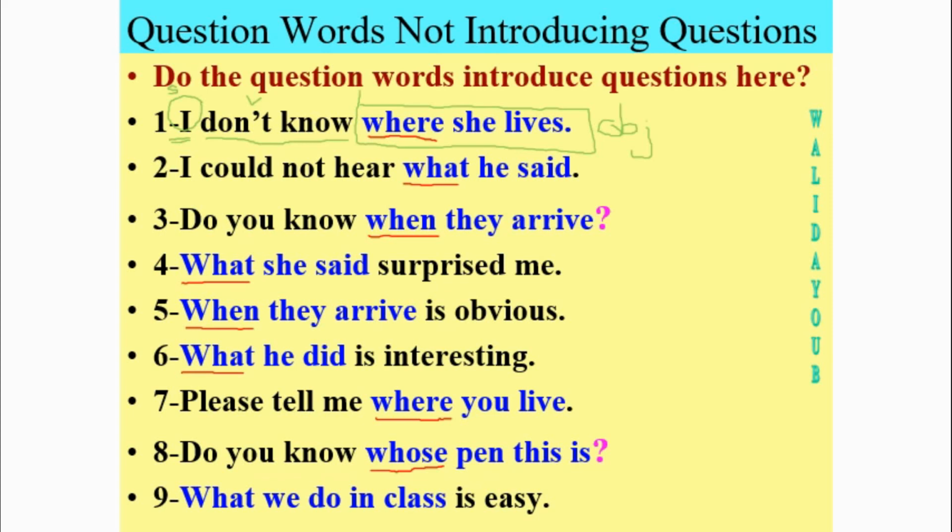It is not a question, so it doesn't end with a question mark, unless there is another question in the sentence, like number 3, do you know? And number 8, do you know?